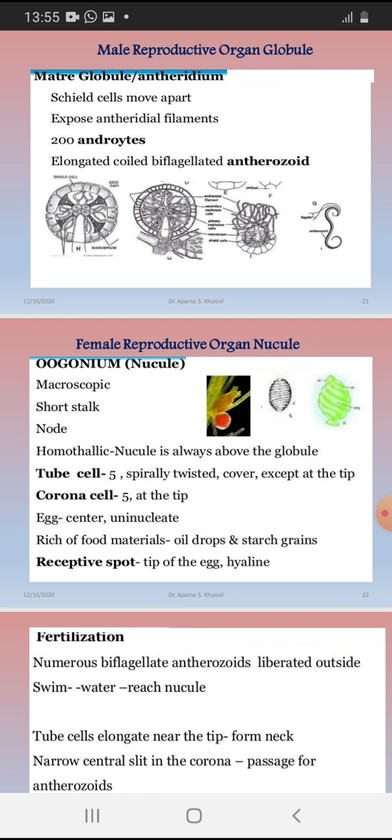Now each oogonia consists of uninucleate egg, which is rich in food material, that is oil and starch, and it also shows the presence of receptive spot at the tip of the nucleus.